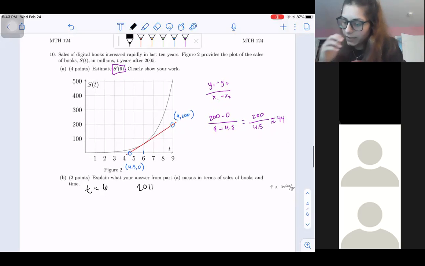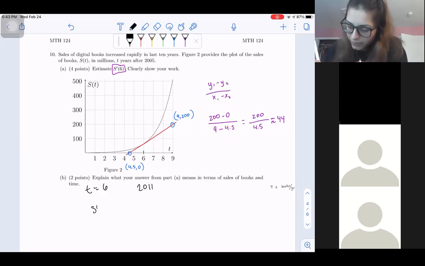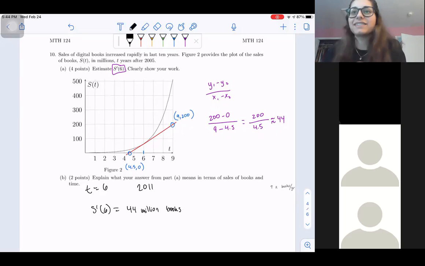And then the derivative of S of T at 6 was 44 million books. Since it's a derivative, we're going to have books in terms of t, which was years, right? So we'll have 44 million books per year.